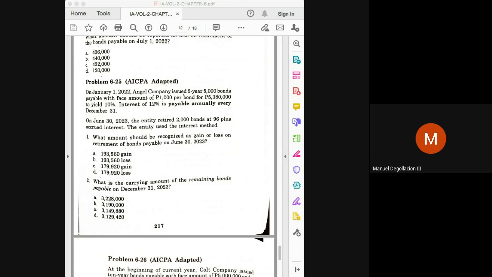Okay, so I'll multiply 5,318,000 by 40%, which is 2,000 divided by 5,000. And on the other hand, I will also multiply 5,318,000 by 60%, representing the portion of the bonds that will not be retired.